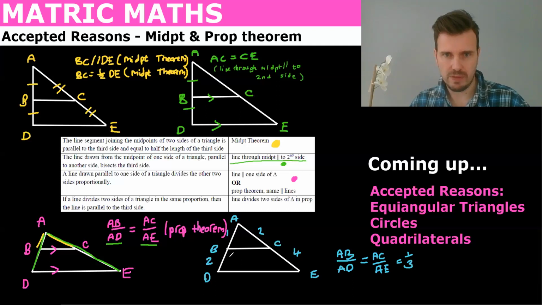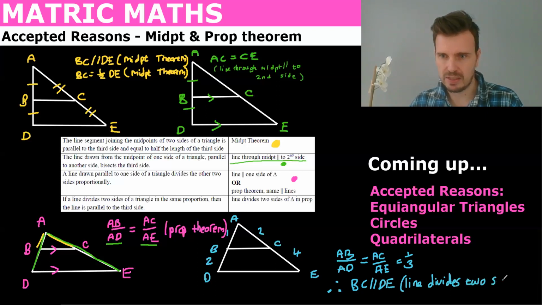Okay, 1/3 total length, 2/6 total length. Therefore, BC is parallel to DE, and our reason is line divides two sides of triangle in proportion, in prop.